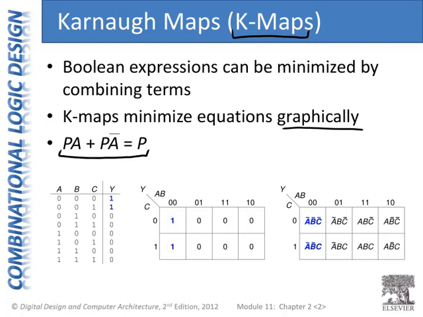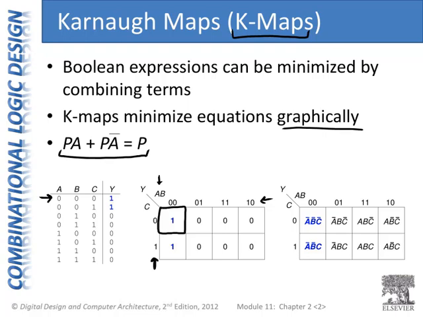So we can essentially draw our truth table graphically, where each box corresponds to a row in the truth table. So this is the 0, 0, 0 box. We have A and B on the top axis and C on the vertical axis.